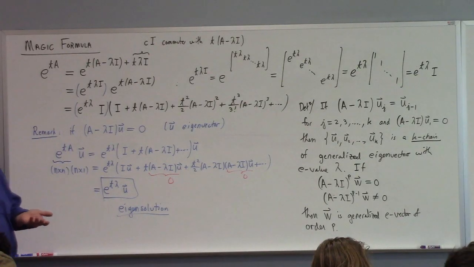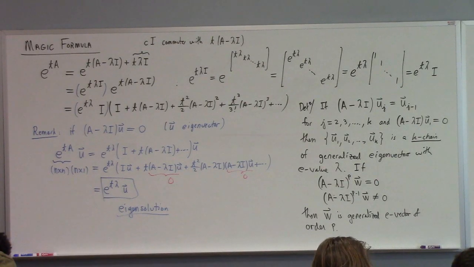For example, what is a generalized eigenvector of order 1?